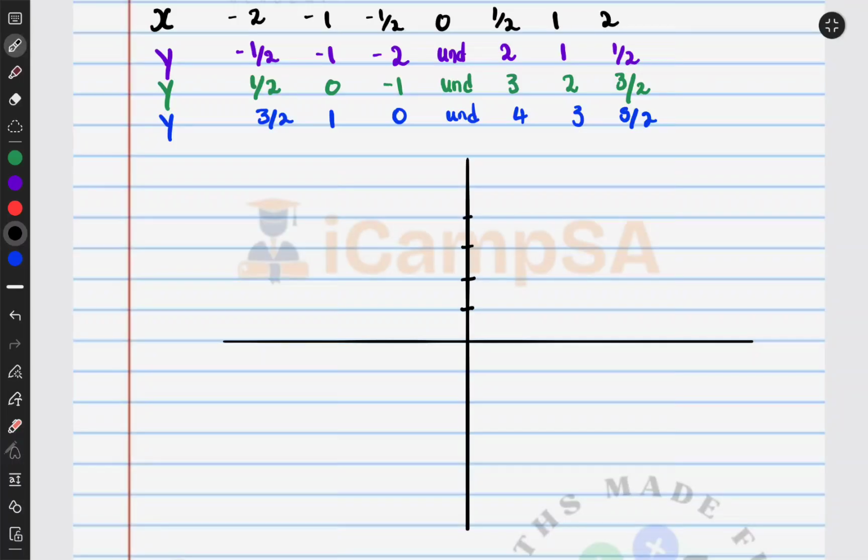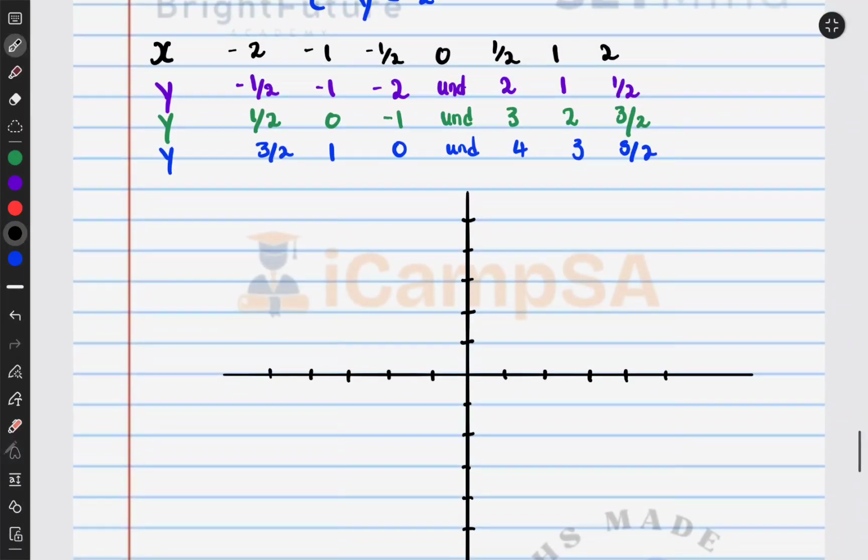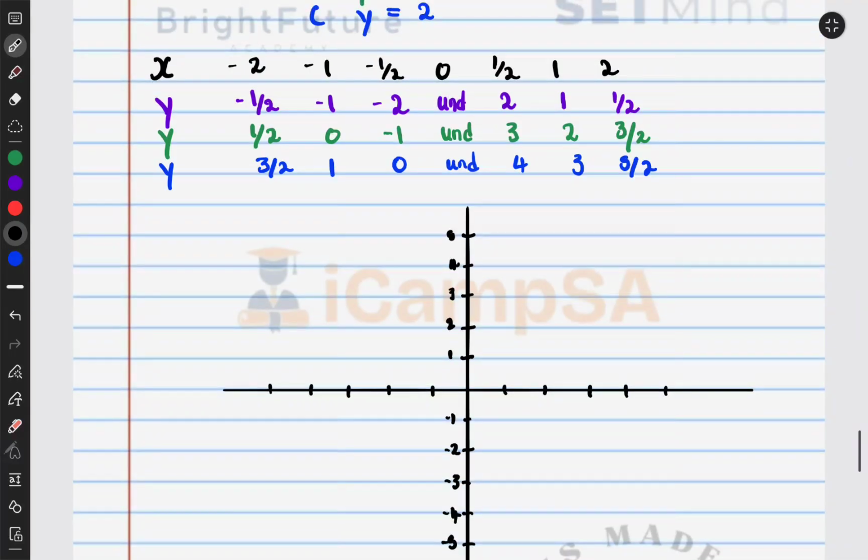Mark 1, 2, 3, 4, 5 along each axis direction, positive and negative, but on the y-axis we'll use the halves. So here let's use the halves: 1 over 2, 1, 3 over 2, 2, then negative 1 over 2, negative 1, negative 3 over 2, negative 2.